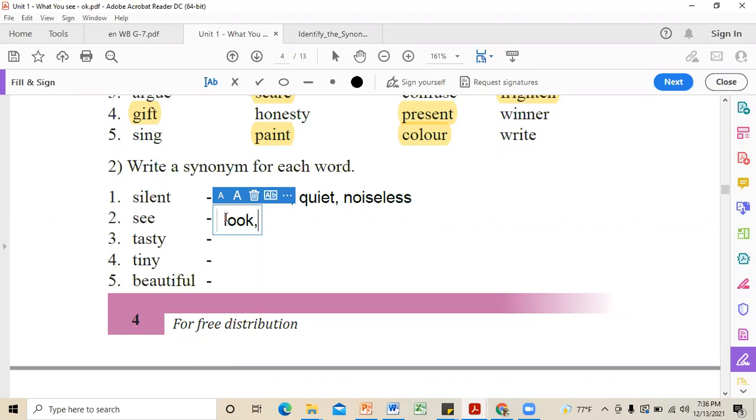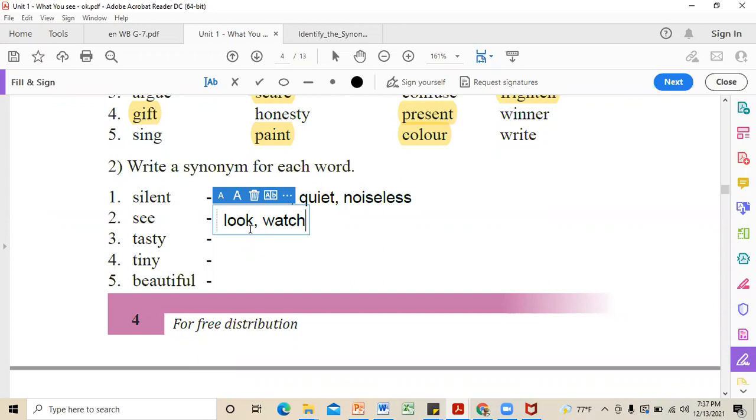So when you look at the TV, what do you do? For the television, we watch, right? So this watch is not the watch which we use to check the time, right? So I'm seeing, I'm looking at the TV, or else I can say I watch the TV, right?